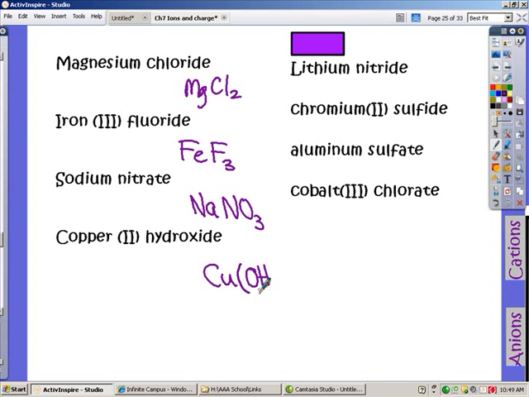So since we need 2 of the hydroxide, we need to put parentheses around the O and the H. This one's tricky because it doesn't have another number on the outside of the H, and so people forget to put that in there sometimes.